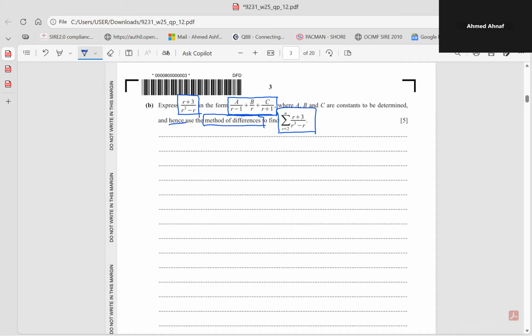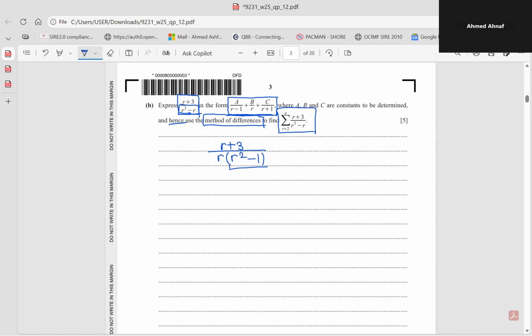Okay, so first part, we need to split it up into partial fractions and express it. Okay, so r plus 3 over, so let's factorize this denominator. So right off the bat, we can factorize out r. So we have r times r squared minus 1.